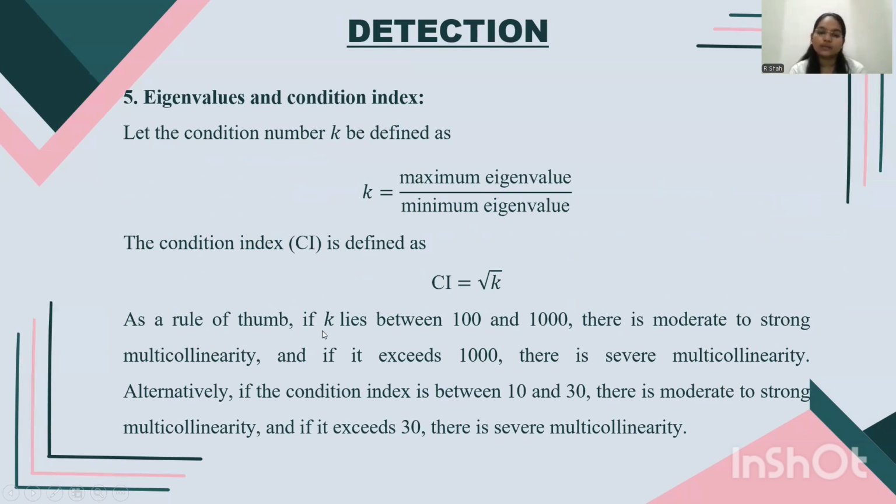As a rule of thumb, if k lies between 100 and 1000, there is moderate to strong multicollinearity. If it exceeds 1000, there is severe multicollinearity. Alternatively, if the condition index is between 10 and 30, there is moderate to strong multicollinearity, and if it exceeds 30, severe multicollinearity is present.